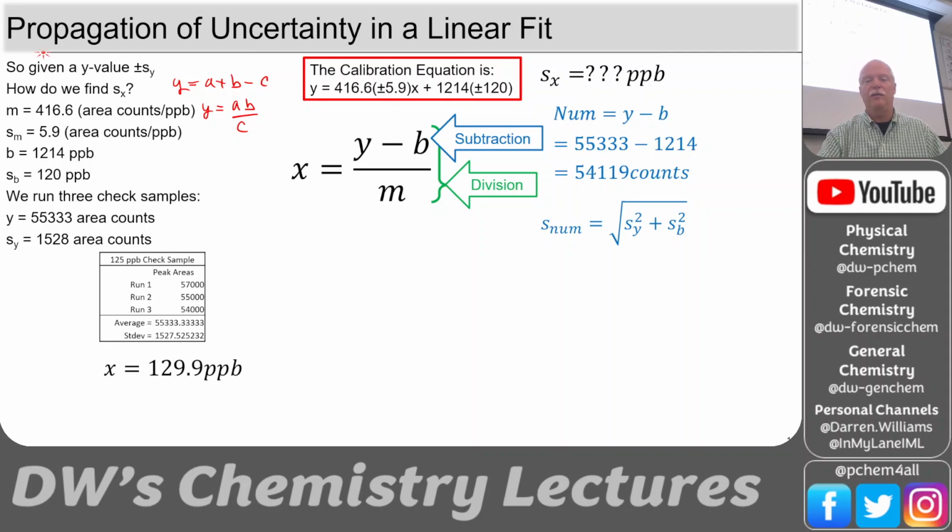And that would be our uncertainty in the numerator. And I've used subscripts for you just so you can keep track of what's going on. Okay, so there's our uncertainty in the numerator. 1532 counts. Okay. And the units will work out. If you keep the units and keep track of the units, then everything's going to be nice.